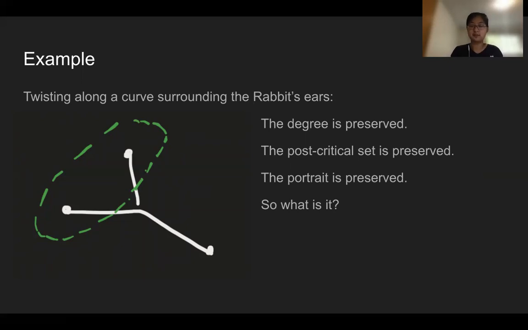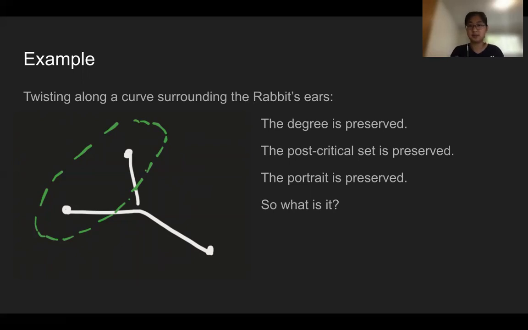So in 2005, Bartholdi and Nekrashevych answered the problem for the rabbit polynomial by classifying what each Dehn twist and their powers could do to modify the rabbit polynomial. So they proved that if you take any twist, you'll end up getting one of the three polynomials that we've been discussing that has a cyclic portrait and is a quadratic.